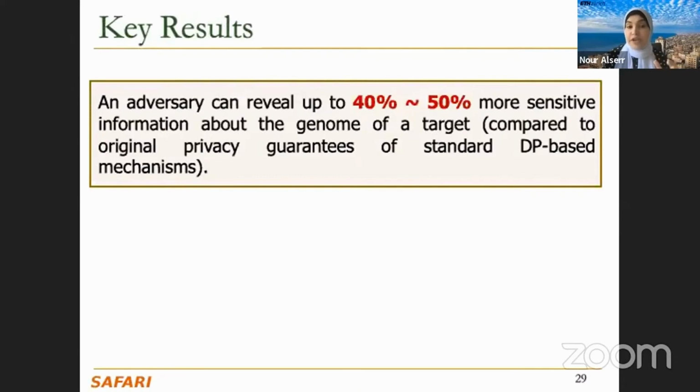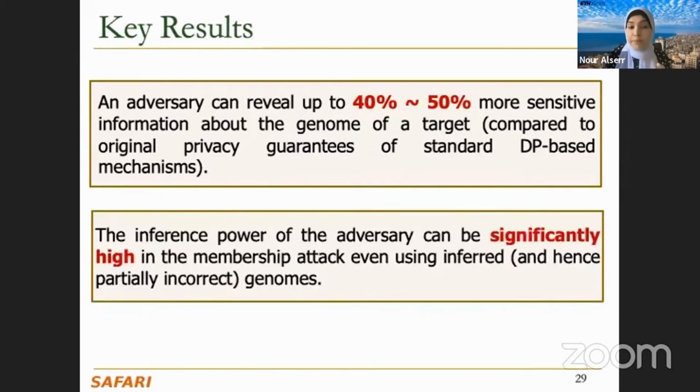The adversary can reveal up to 40 to 50% more sensitive information if we are talking about attribute inference attacks. And also he could infer the membership of a target or a victim, and the inference power of the adversary can be high in the membership.